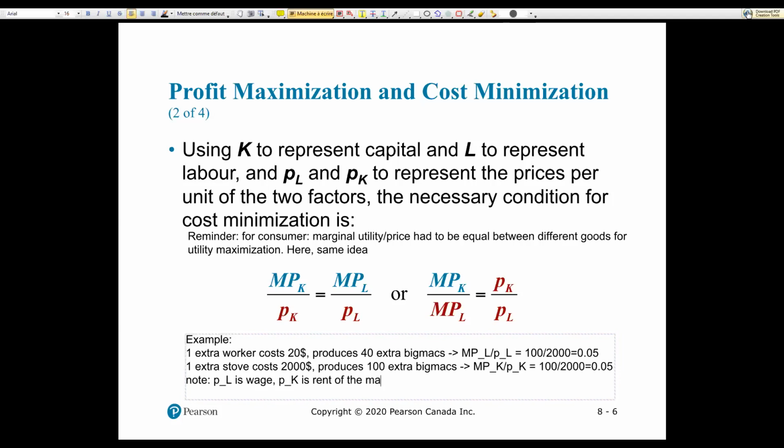So I have a question about this. Okay, I'm just going to finish this. Then the marginal product of labor would be 40 and the price would be 20, so it's going to be 2. So what should I do?